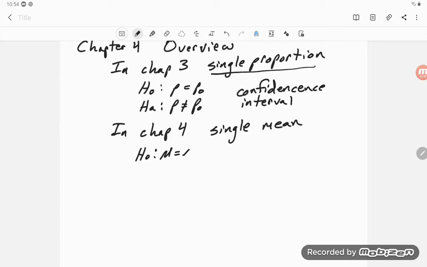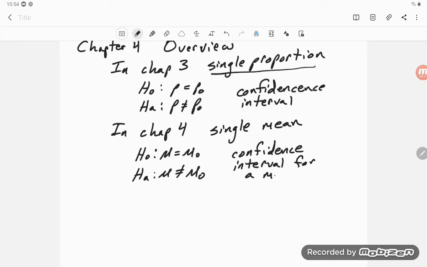So we have H0: mu equals some mu0, where the population mean is what we're asking about, and then HA: mu not equal to mu0, and we'll have a confidence interval for a mean. So we go out, we collect some data, we take the average. Well, what do we think the bounds are on where that average really might be?